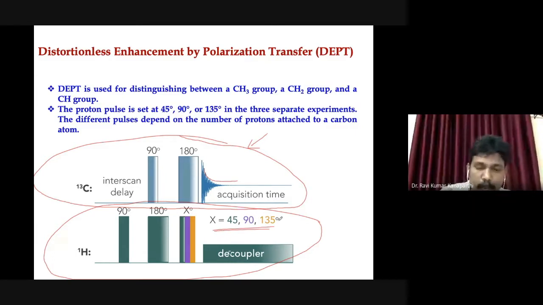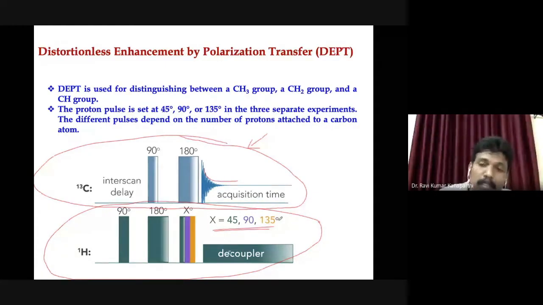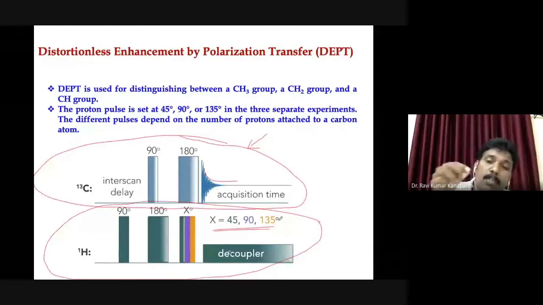Please remember that, in principle, these are nothing but how much time you are applying the frequency I am talking about. That is actually the meaning. But when you talk about NMR technicalities, we only speak in terms of the angles.